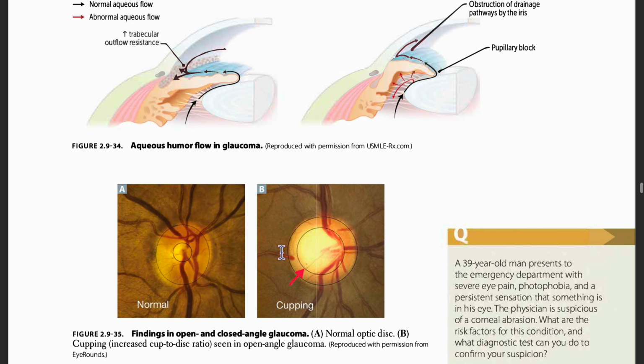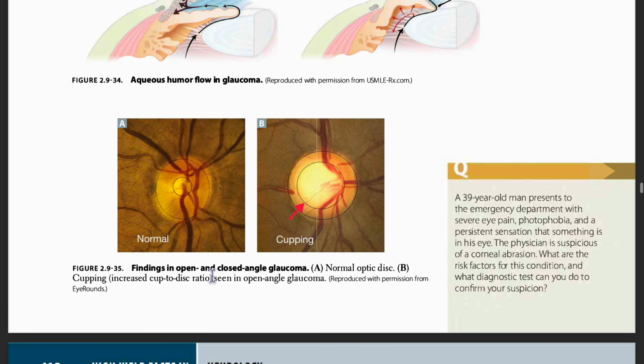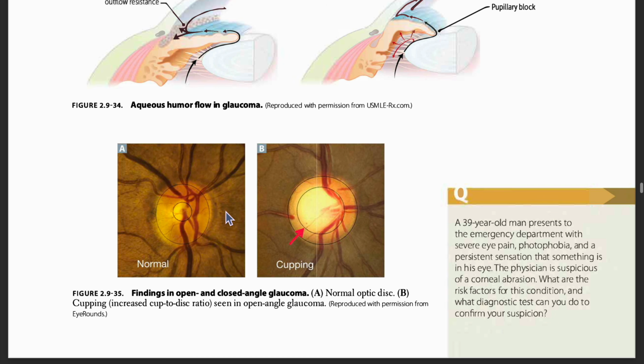So finding an open and closed angle glaucoma. This is the normal optic disc, and this is the cupping. Cupping, increased cup to disc ratio, is seen in open angle glaucoma.